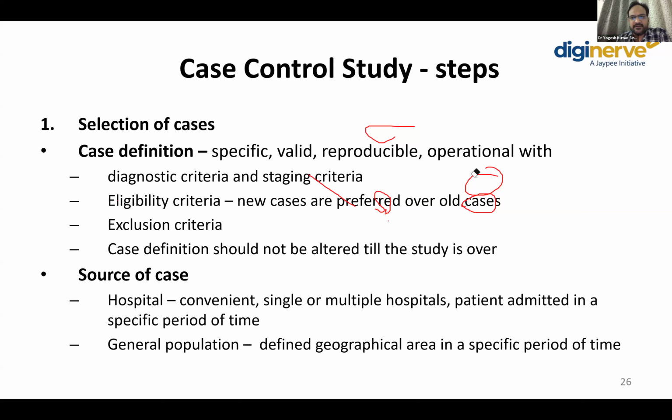What is the meaning of operational? Suppose I say one statement, cigarette smoking causes lung cancer. We cannot do any estimation. But if I say 10 cigarettes per day for 5 years will cause lung cancer, this is measurable.